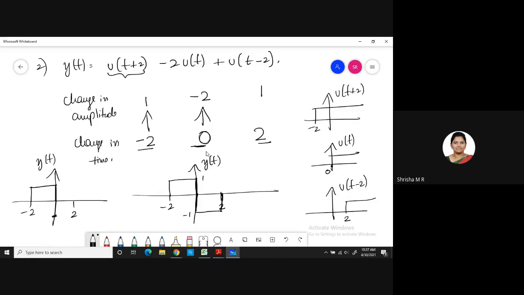So it will stay here up to 2. At 2 again there is a change in amplitude. It is 1. Got it? 1 means from down it's going 1 step upwards. Got it everyone? Is it clear? Previous problem, is it clear for you? You want me to explain once again?